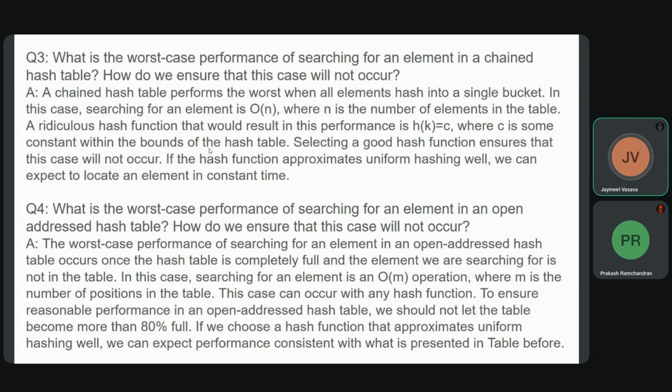So a hash function of h(k) = c, where c is some constant within the bounds of the hash table. To avoid this, we can select a good hash function which uniformly hashes and spreads the elements across the table.